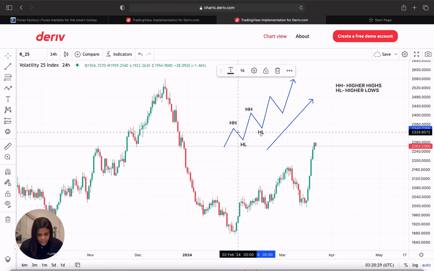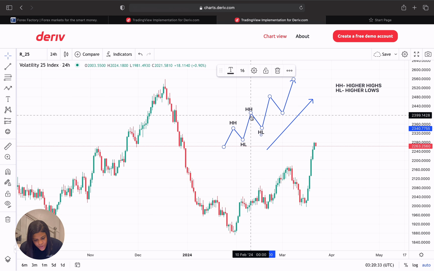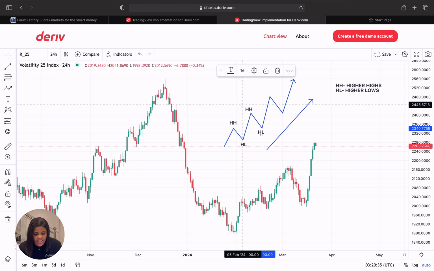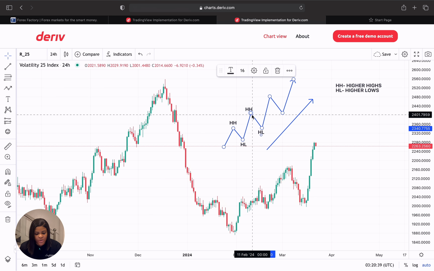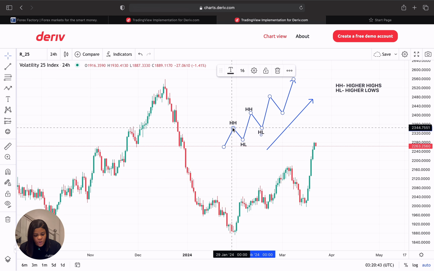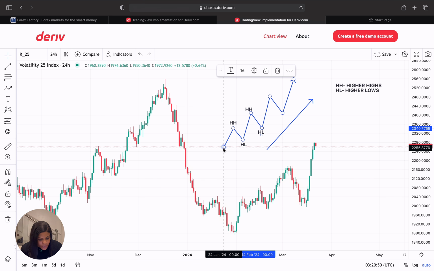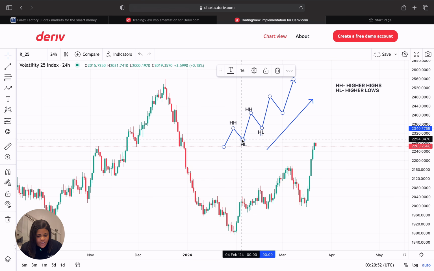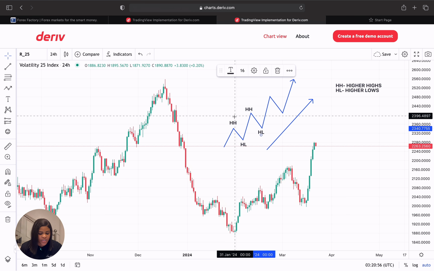So now look at this. This is high, true or false? But the next one is higher than this previous high. Right? So when you say higher high, you're trying to tell me that the next one is higher than the previous high. So if it's coming down to create higher low that is higher than the previous low. If it's going up to create higher high that is higher than the previous high.